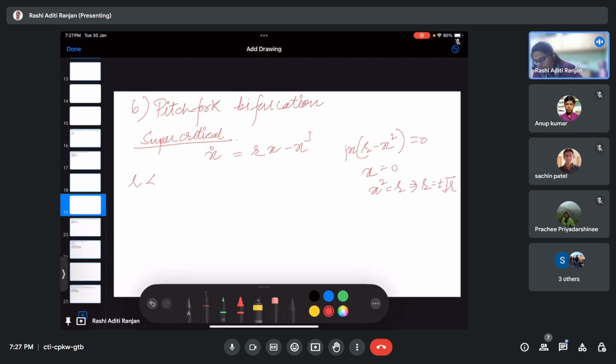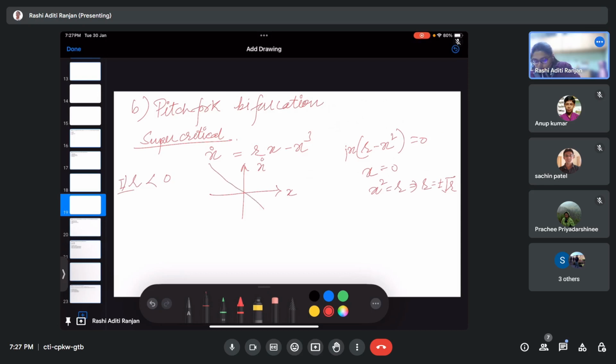So now I'll try plotting. For r less than 0, first case, what is going to happen? For r less than 0, under root r is not defined. So there is only one fixed point, which is 0. So in that case, x dot, how is it going to behave?